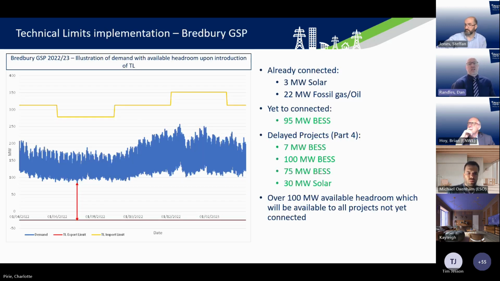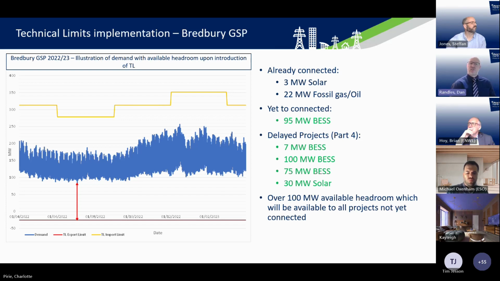So just going back to our annual view of things, just trying to step through how this might actually work. If you've got a situation where we've got some customers that are already connected, so these will have been Part 1 or Part 2 customers that are already connected, in this instance relatively small scale solar and a 22 megawatt fossil gas oil generator.